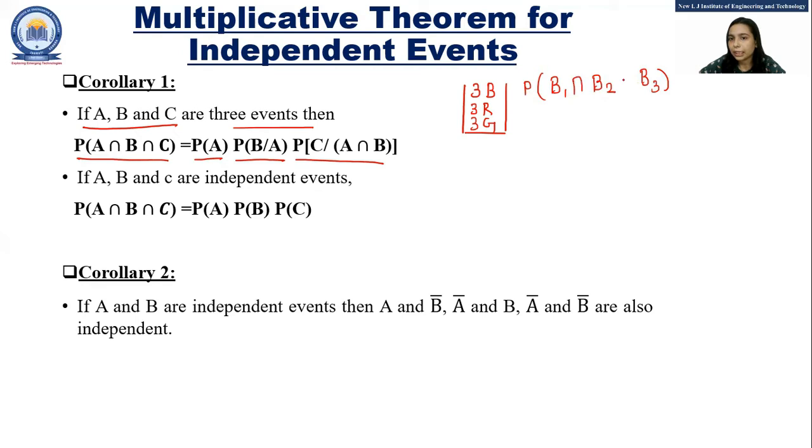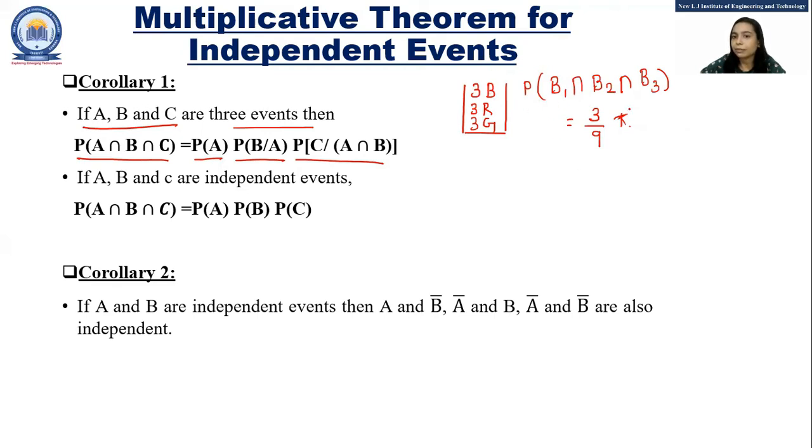So here I can write the probability of B1 intersect B2 intersect B3. The first time I'm getting the black ball. So what is the probability of getting the black ball in the first draw? That is 3 by 9, into, now once I draw the black ball, I'm not putting that into the bin again.